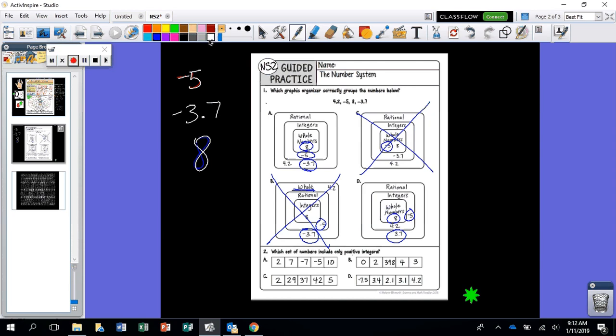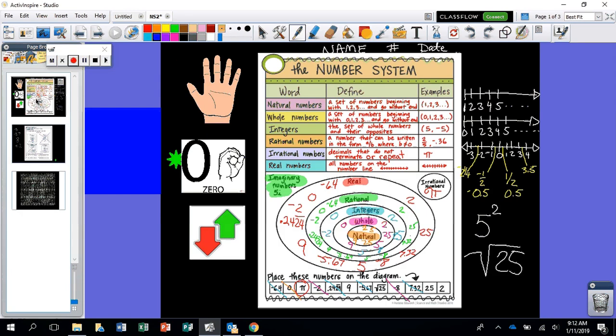And now we have left the number of 4.2. And 4.2 is going to fall under, well, we can't count it as a natural or a whole.